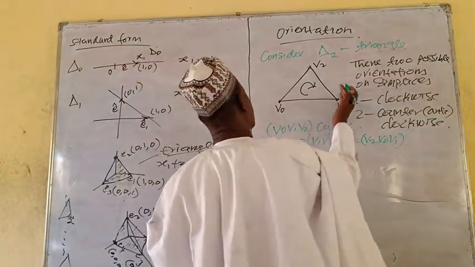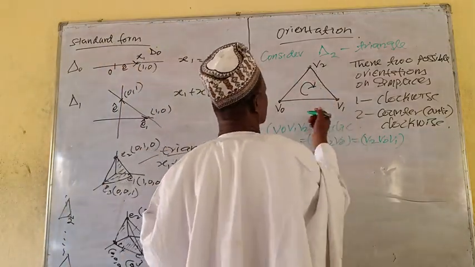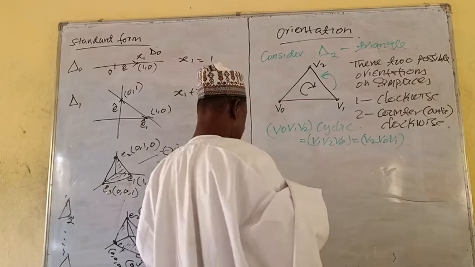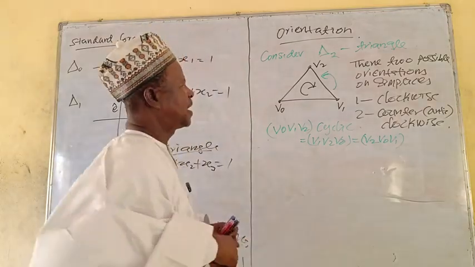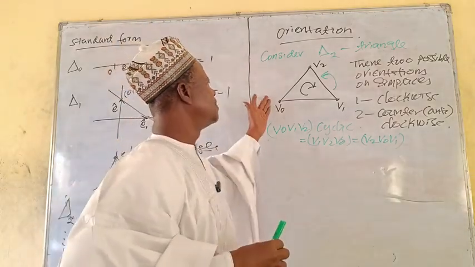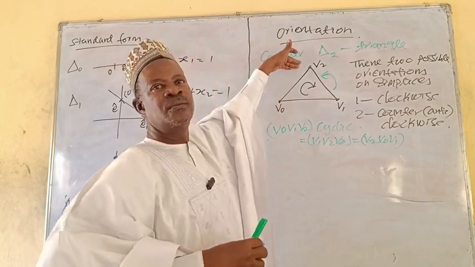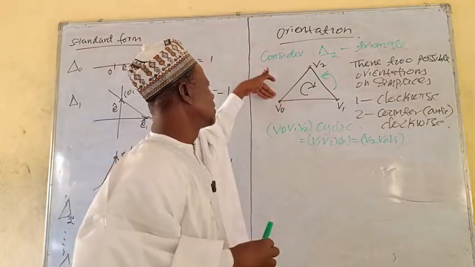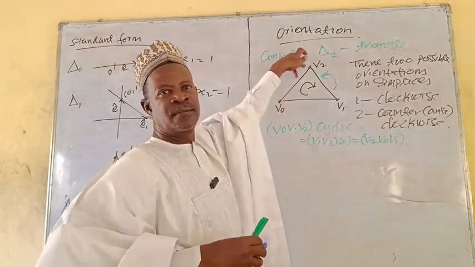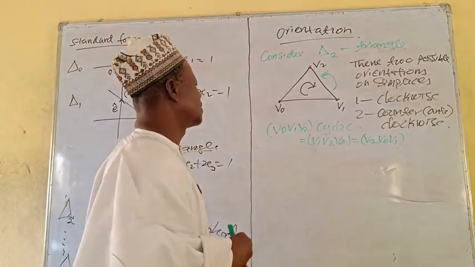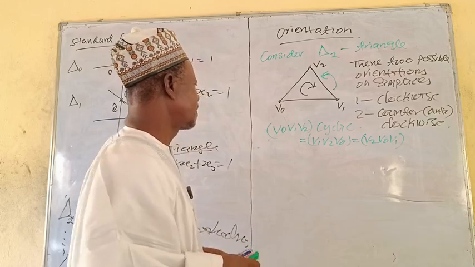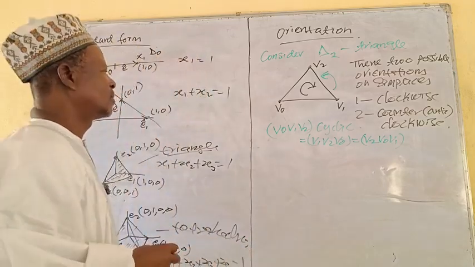So I'm going counterclockwise now, going this way. Now, if I decide to go the other way, I will have B2, B0, B1, then B2, B1, B0, then B1, B0, B2. Isn't it? That will be the clockwise. Good.